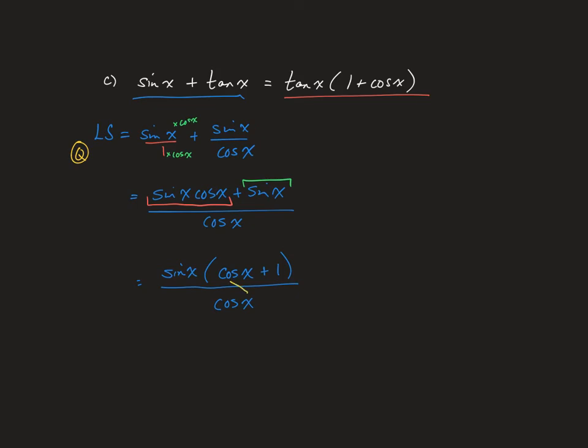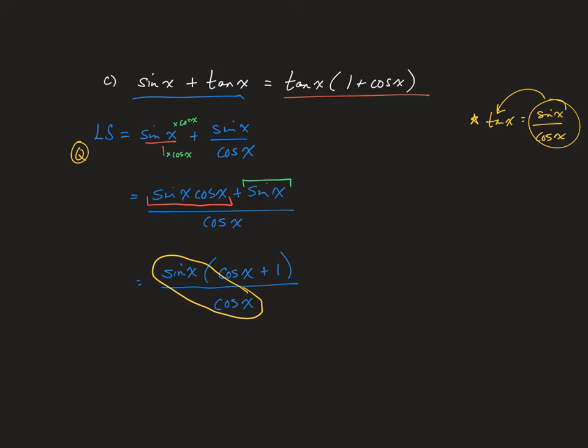And perhaps you can see that if I divide out my cos x from the sine x, then I have tan. Remember, tan x is equal to sine x over cos x. And so, sine x over cos x is equal to tan x.